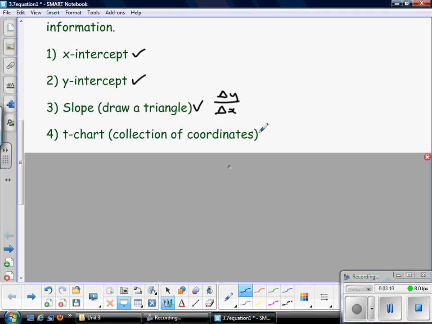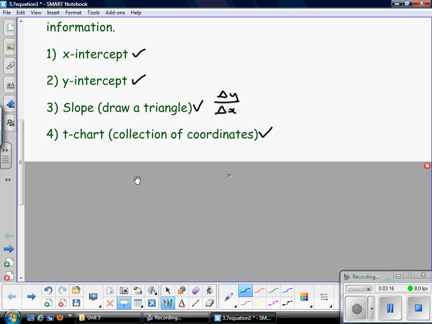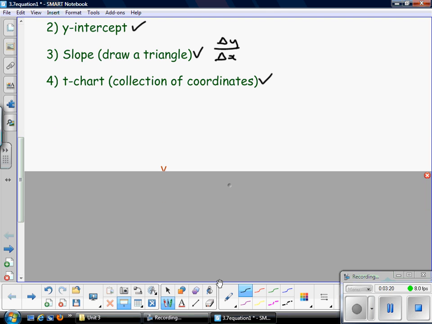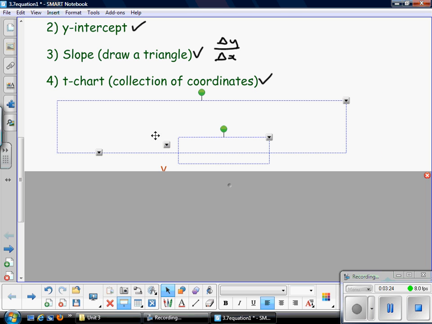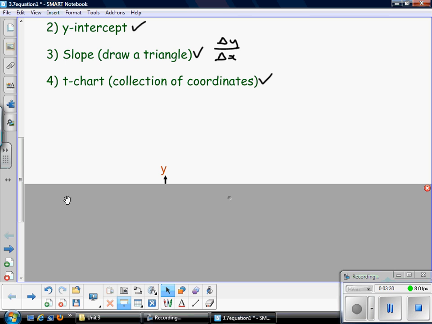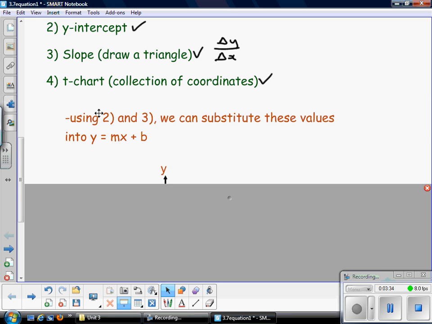Now, some of this information is more important than others when we're finding the equation. In most cases, what we are really after is the y-intercept and slope.